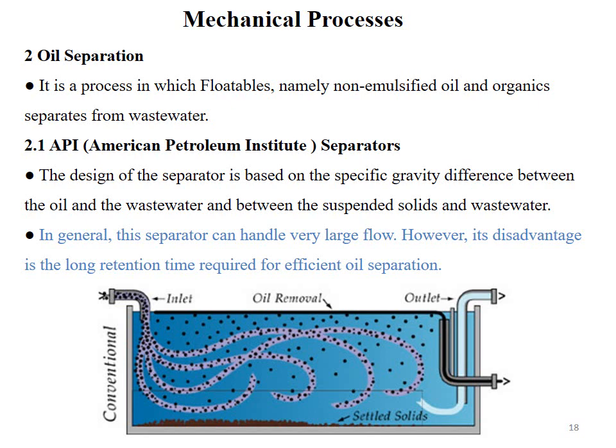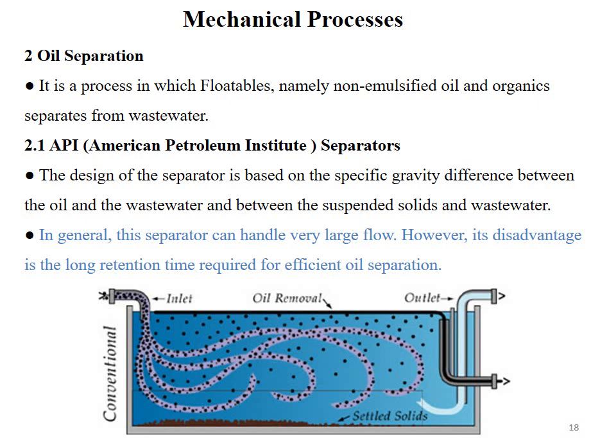In general, this separator, that means American Petroleum Institute separator, can handle very large flow. It means a large amount of water can be added in it at the same time, but it also has a disadvantage that it takes a long retention time that is required for efficient oil separation.